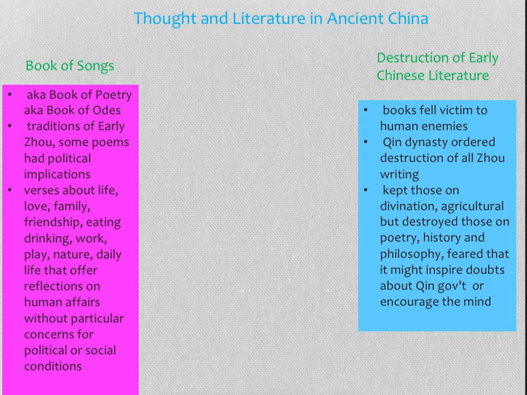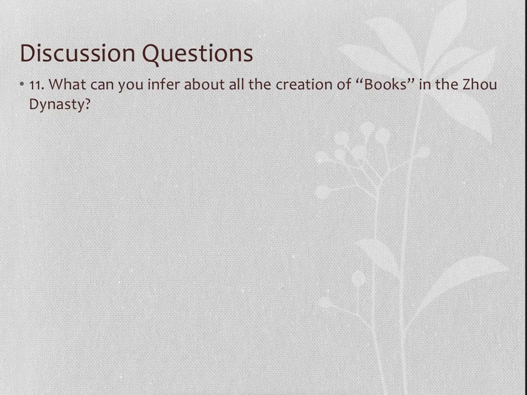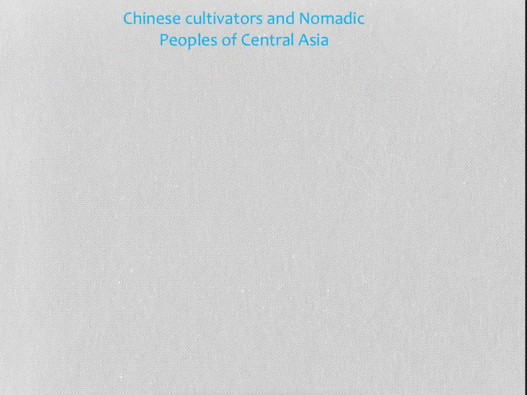The reason for this was because Qin did not want anything to exist that might go against their rule, or inspire doubts about their rule. So a lot of it was destroyed. So question 11: what can you infer about the creation of the books in the Zhao dynasty? Meaning, why were they created? Why was it so important to create a Book of Songs, a Book of History, a Book of Etiquette?